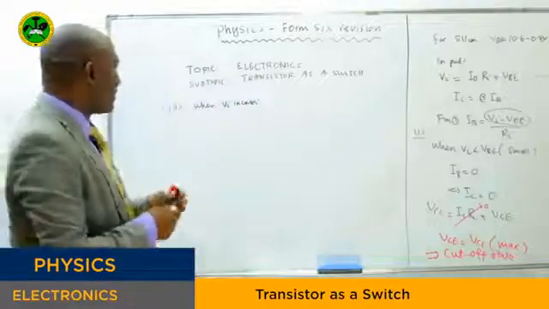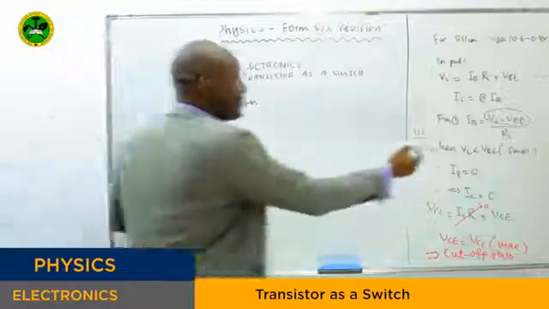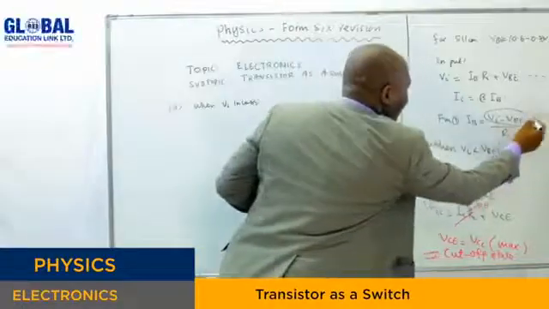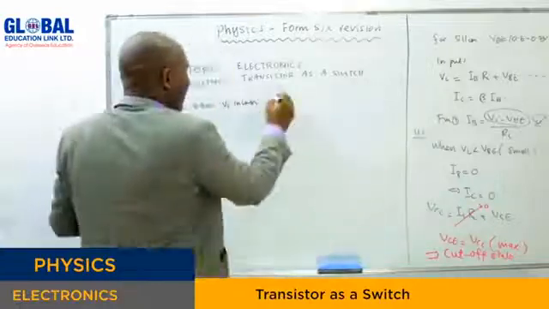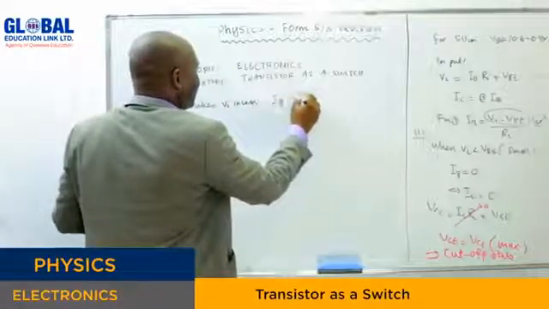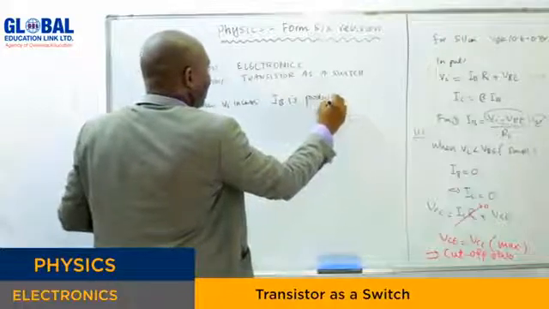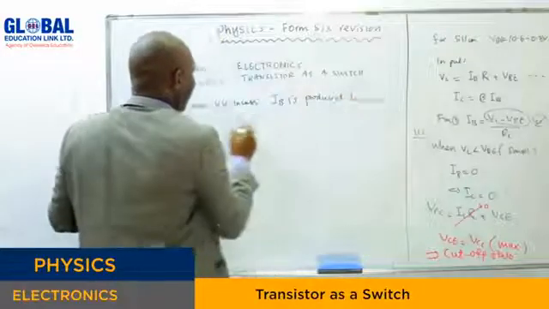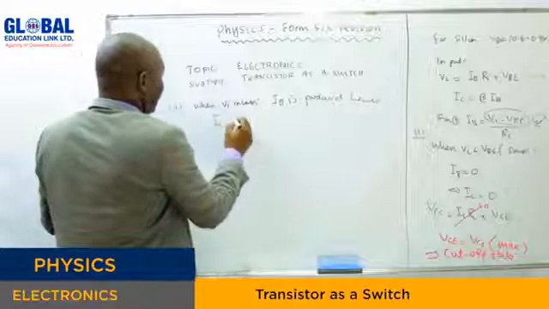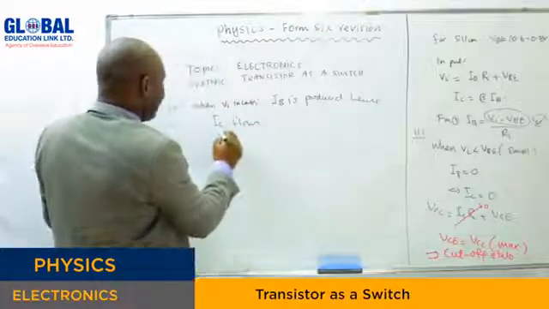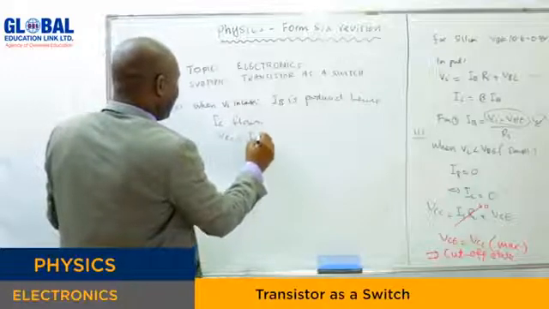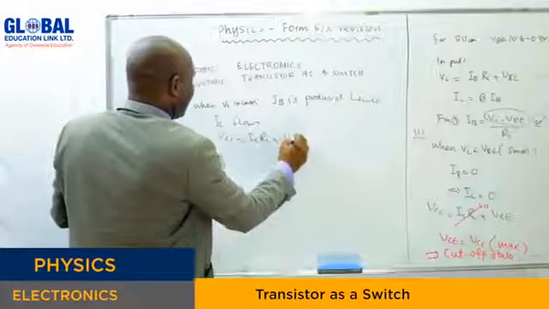If it increases, it means that from this equation the base current will be produced. So IB is produced, hence IC flows. And from the output circuit, we have VCC = IC RL + VCE.